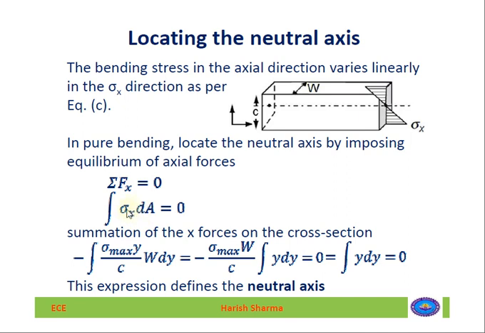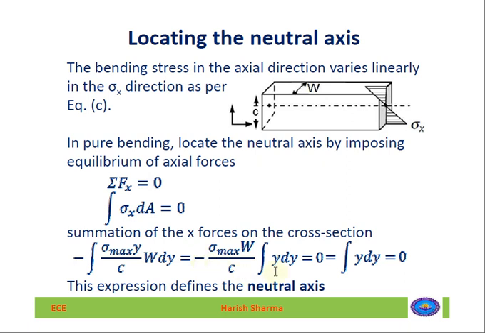Replacing sigma x, we write y into sigma max upon C, multiplied by W dy, because W is fixed, and only this length is moving from the center point upward. So we write W into dy.